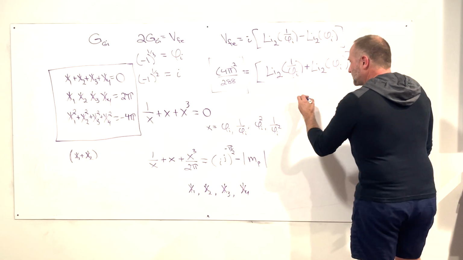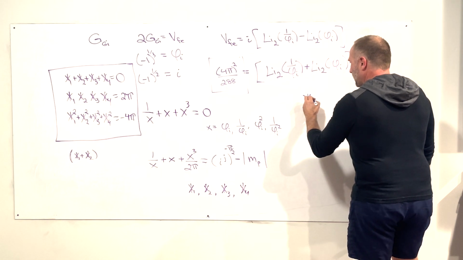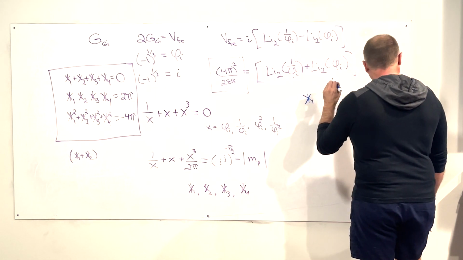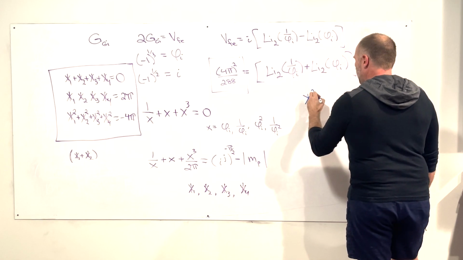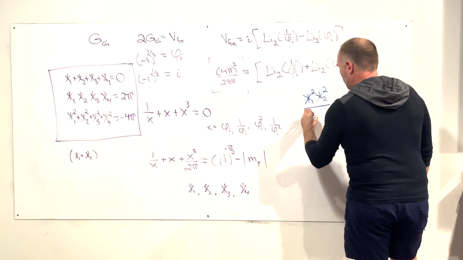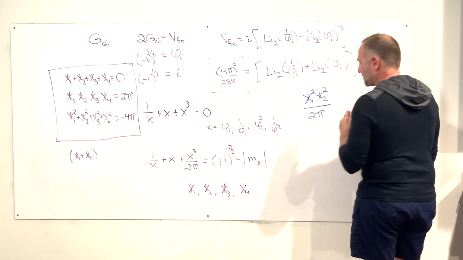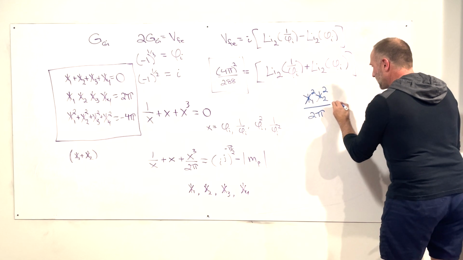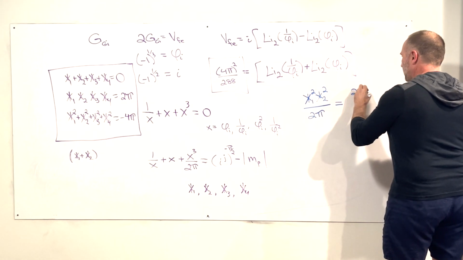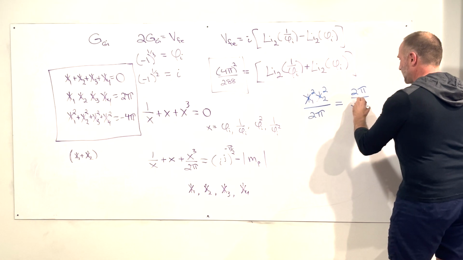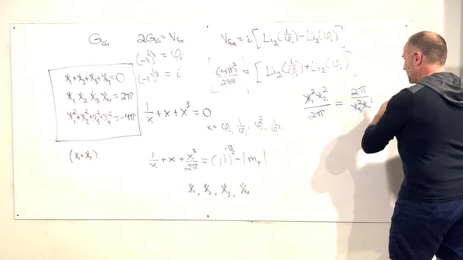Okay, if we take J1 squared times J2 squared and divide it by 2 pi, it equals 2 pi divided by J3 squared times J4 squared.